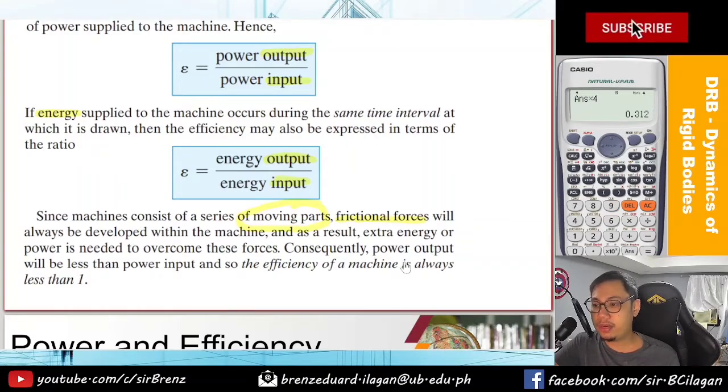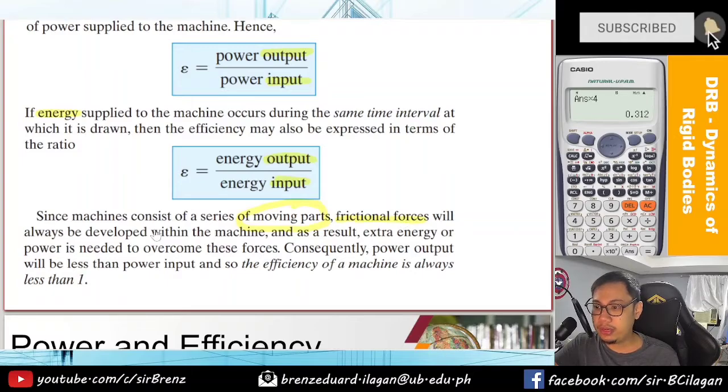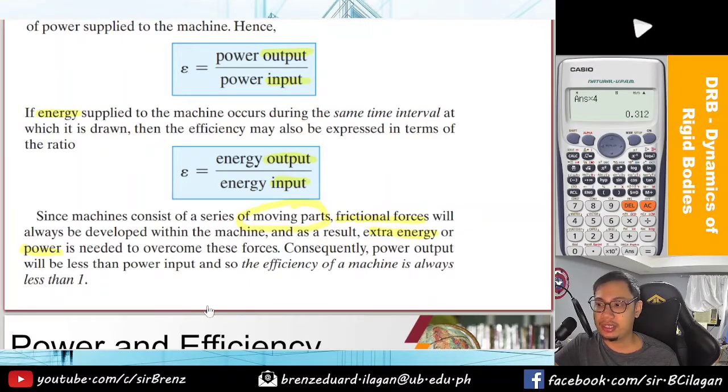Because of this frictional force, as we read, it will always be developed within the machine, and as a result, extra energy or power is needed to overcome these forces. Consequently, the power output will be less than the power input, so the efficiency of a machine is less than 1.